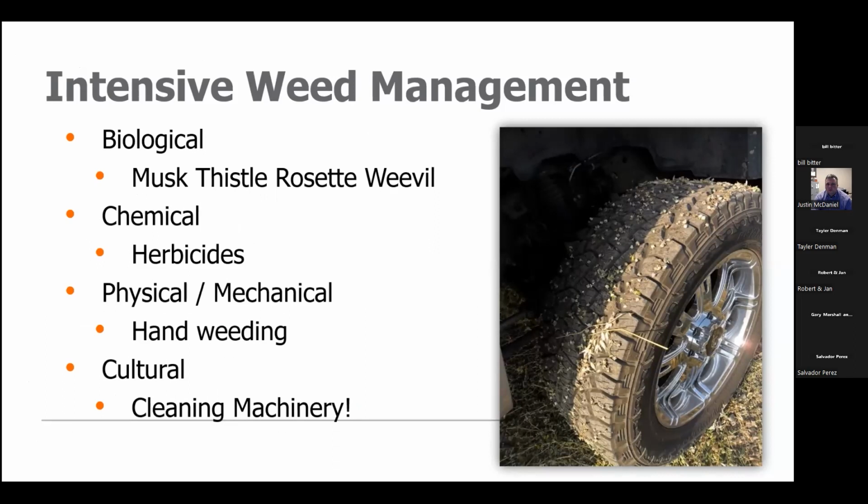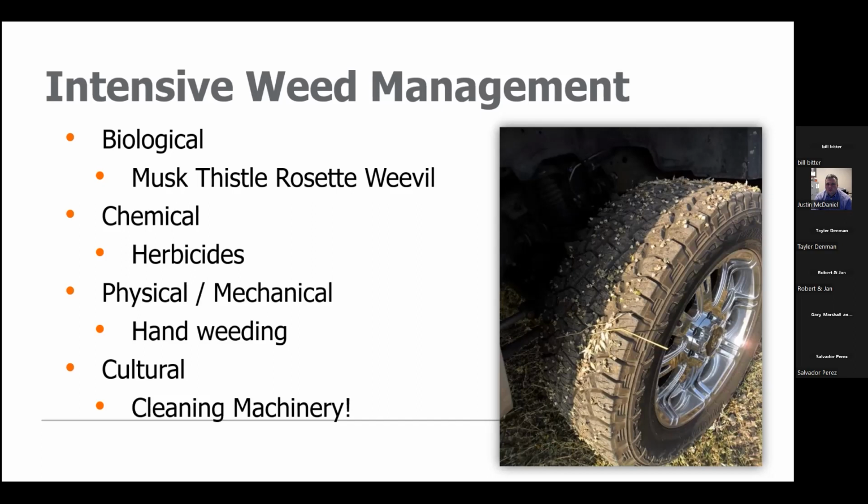So releasing them into a field with a significant amount of musk thistle can help reduce that population. I'm not sure if I would consider it biological, but applying fertilizer to pastures can also help, because it can help the desirable species get a competitive advantage over undesirable weeds.